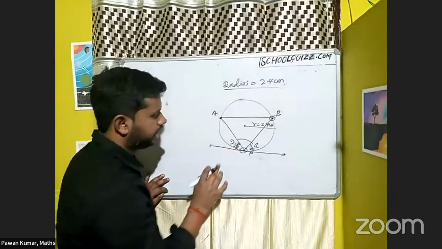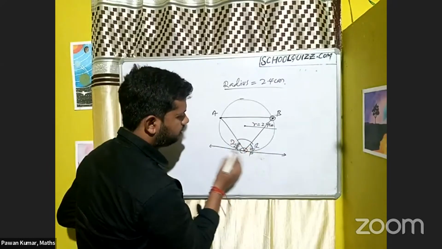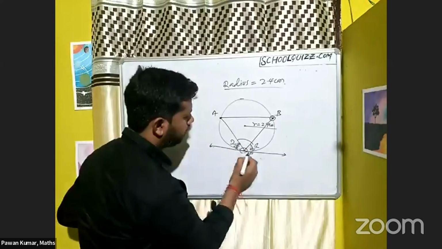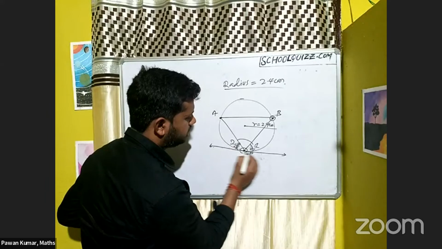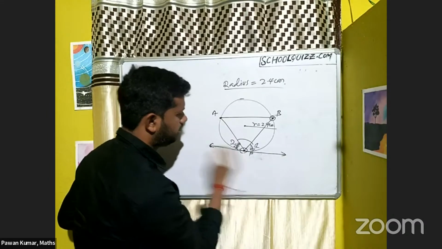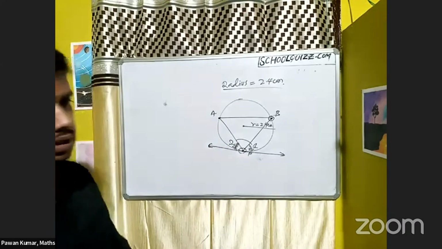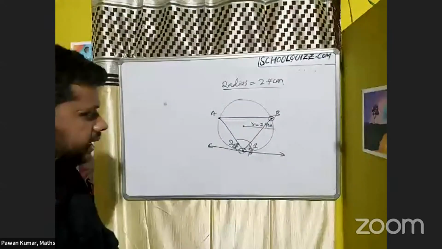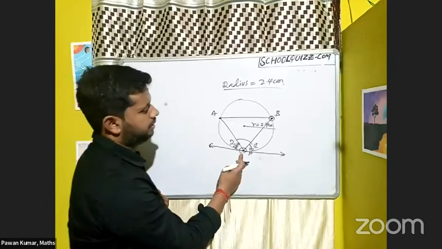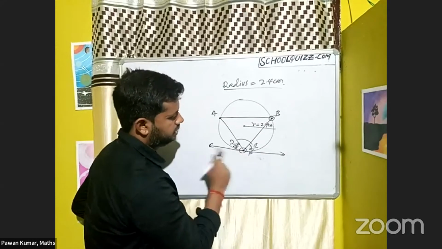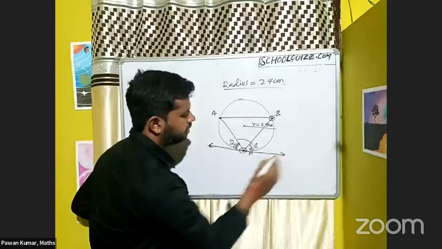So if I draw any point here, these two lines must be opposite to each other, so that it may be a straight line from this point. Simple. So that is the required tangent for you.